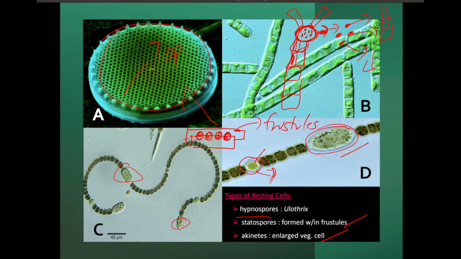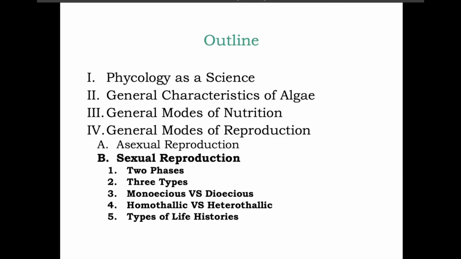It's a dense thickened structure to resist and survive that dormant resting stage. So hypnospores are just like akinetes, but for your Ulothrix genus.